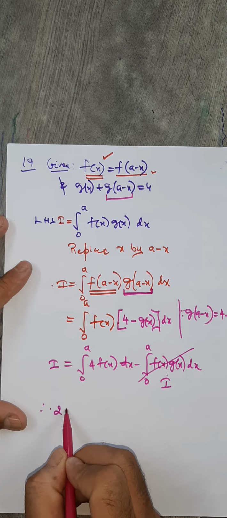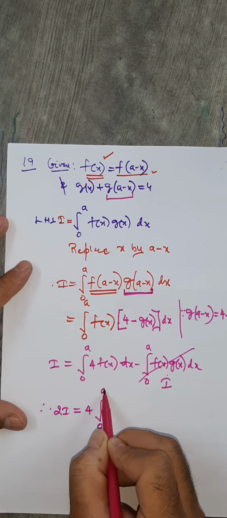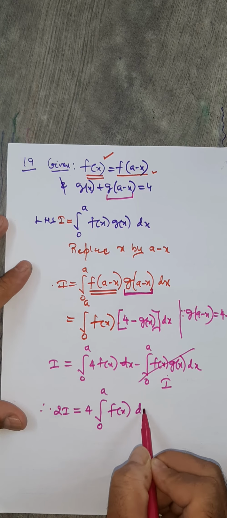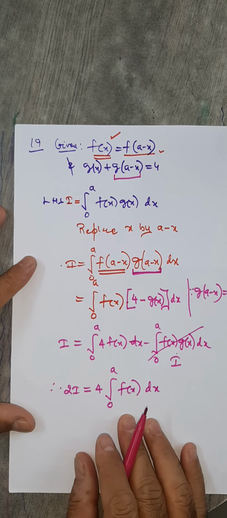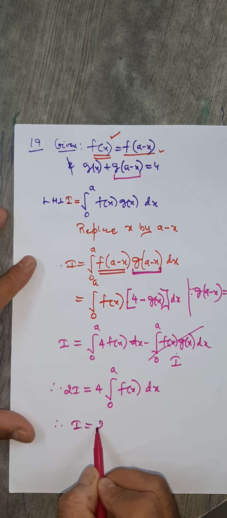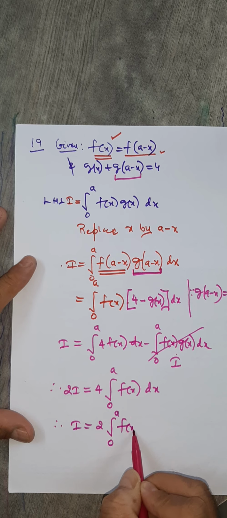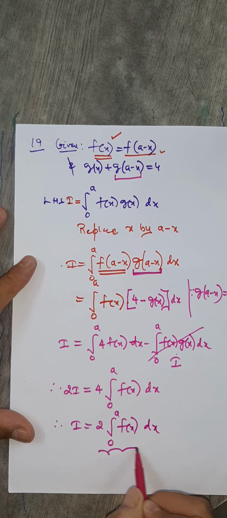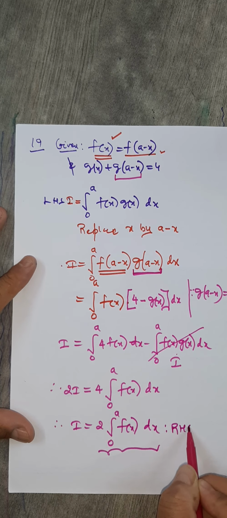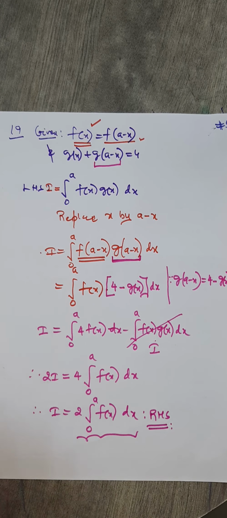So this is 2I, and 4 will come out: integral 0 to a f x dx. Therefore I equals twice integral 0 to a f x dx. This is, you can see, the RHS, the right hand side. We have used just the given information, nothing difficult, remember.